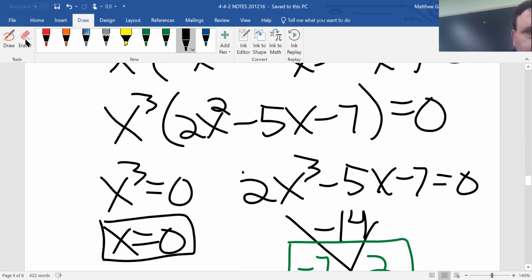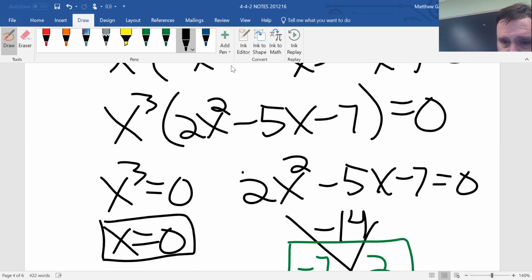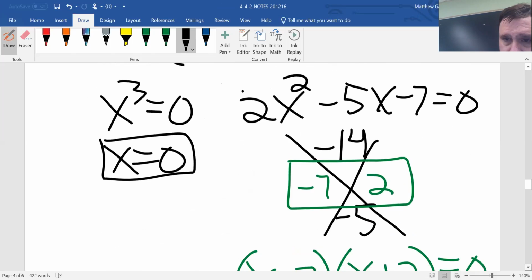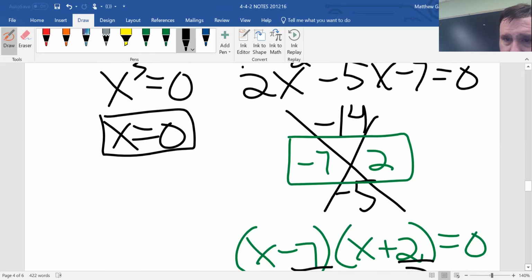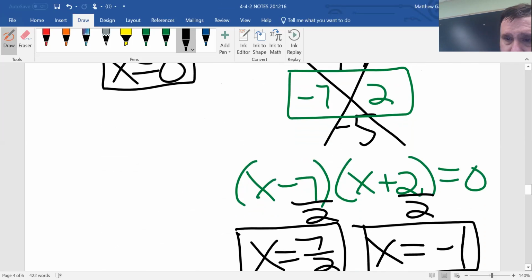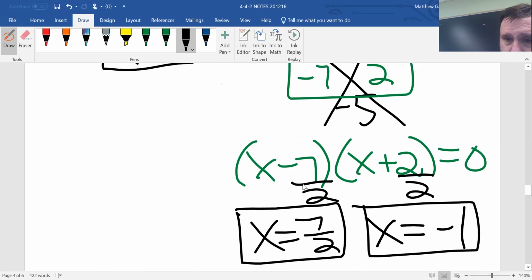This is a typo; it should be 2x squared minus 5x minus 7. So 2 times negative 7 is negative 14. Factors of negative 14 that add to negative 5 are negative 7 and 2. Then we divide both by 2, and we get 3.5 and negative 1.